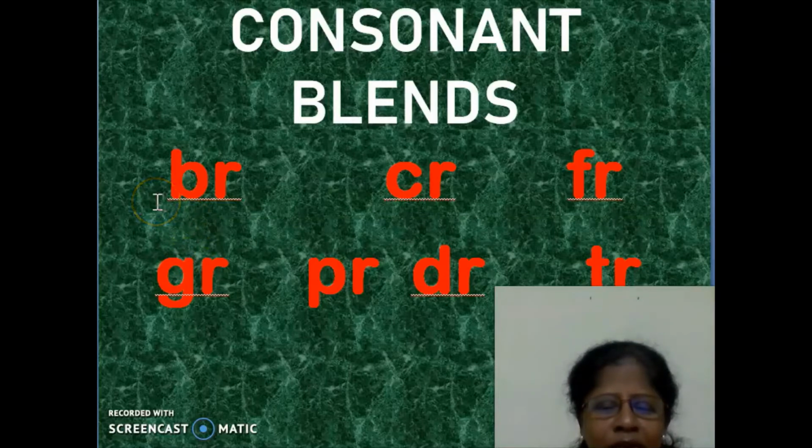So we have the letters B and R. This makes the sound br: broom, brush, bring. You got it? Next one is cr. C makes the sound k, cr. Whenever you see the letters C and R together in print, you have to make the sound cr. Craft.